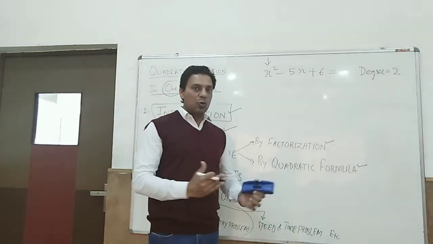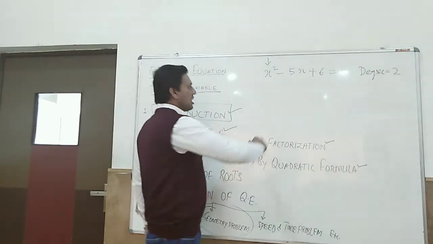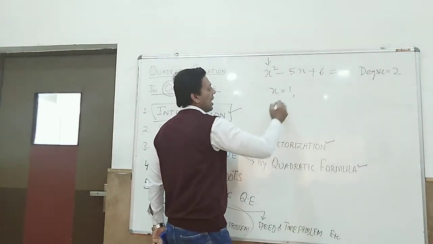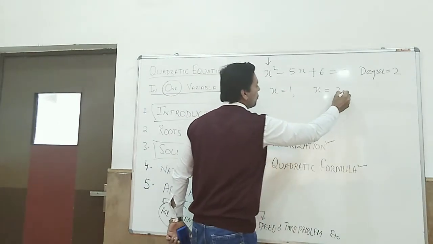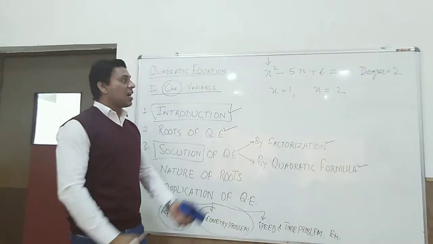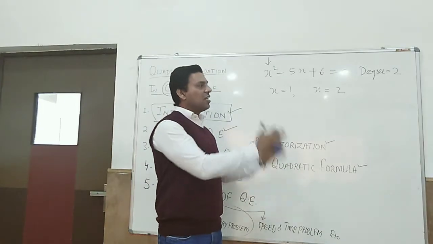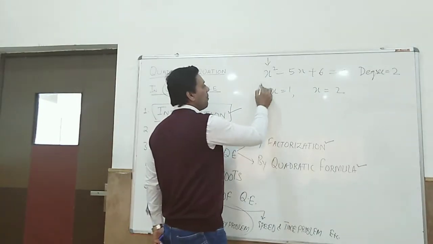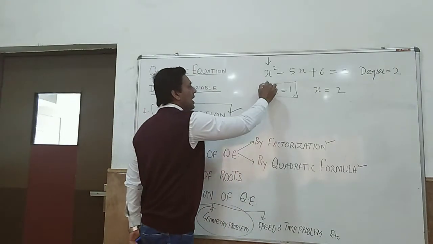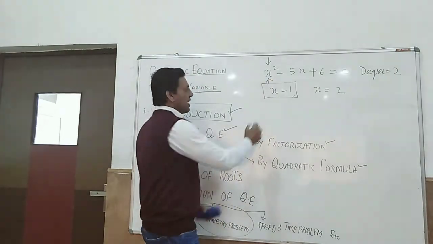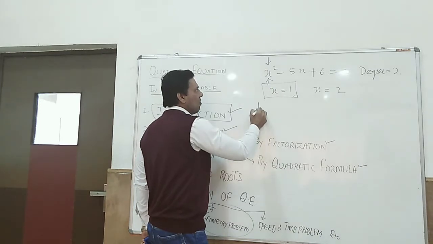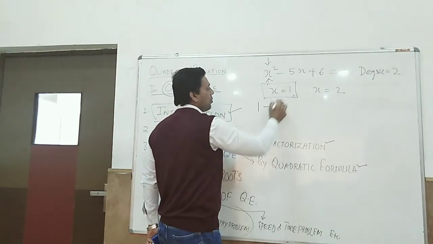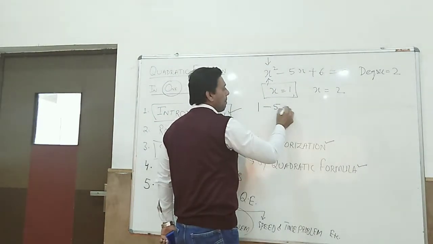So what are the roots of a quadratic equation? Suppose I am writing down x is equal to 1 and x is equal to 2. And suppose we have to check whether these two values are the roots of the quadratic equation or not. It is so easy. If I put x is equal to 1 in the equation, we can check: 1 square is 1, then 5 into 1 is 5, so 1 minus 5, then plus 6.